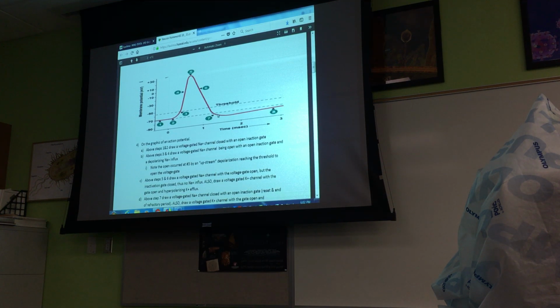The book likes to make a deal out of this, and I don't, because in reality it doesn't have much of a factor. So refractory ends at 2 milliseconds, and after that it goes back to resting potential.